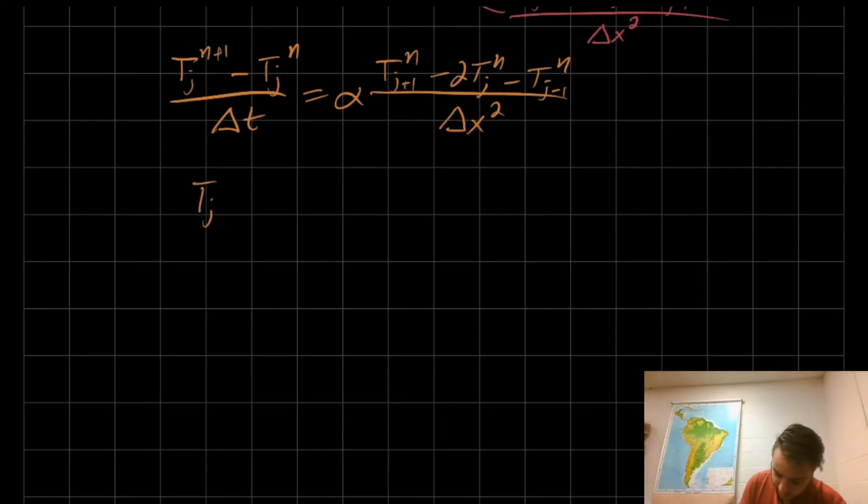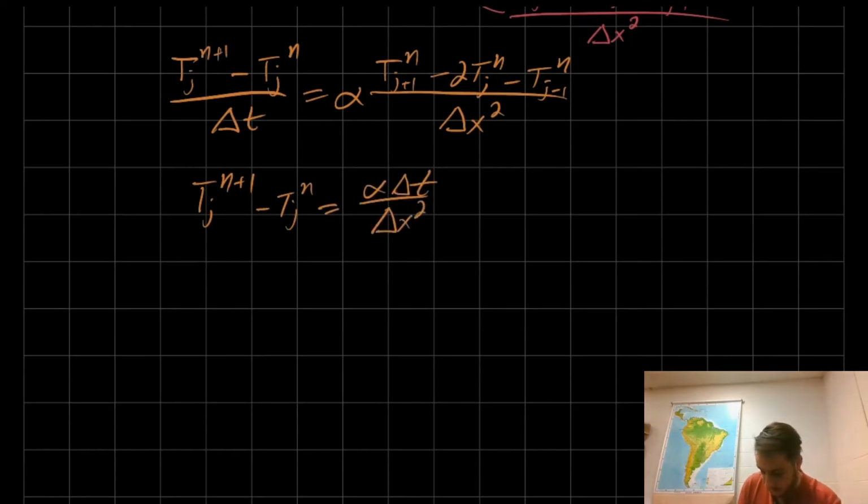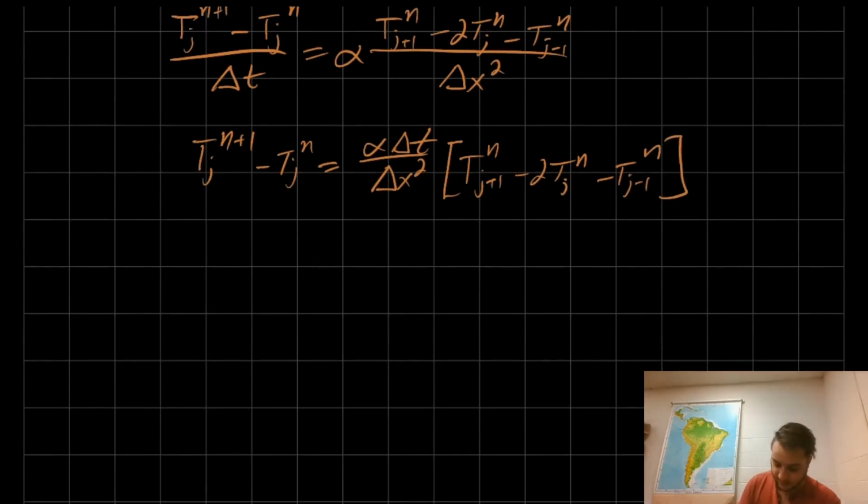So T_j^{n+1} minus T_j^n is equal to alpha delta t over delta x squared, then T_{j+1}^n minus 2T_j^n plus T_{j-1}^n. And then we just add this to the other side.